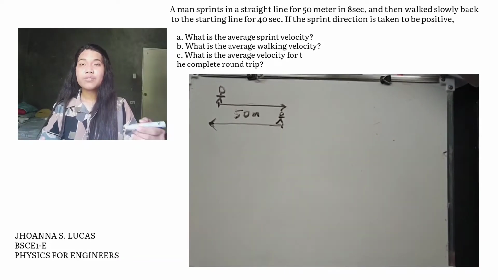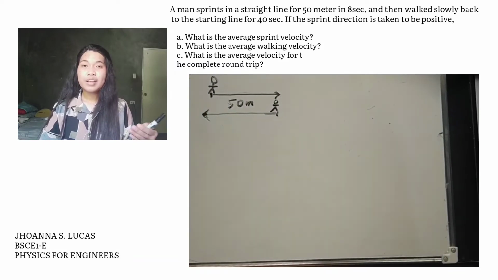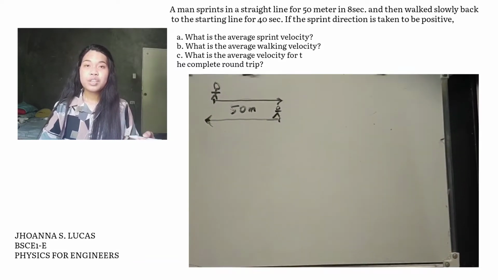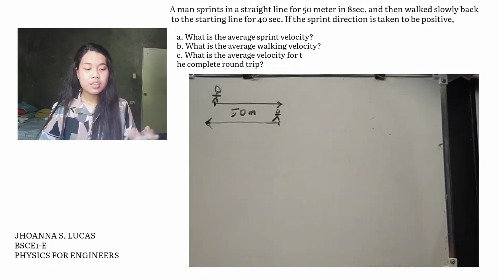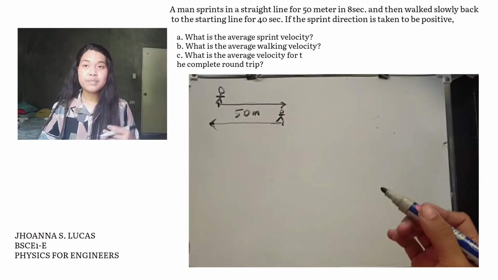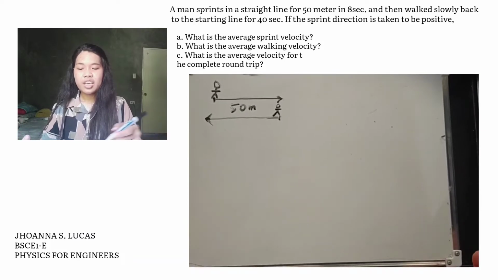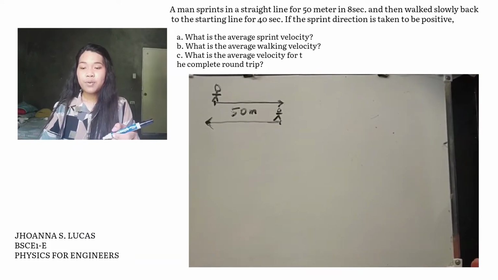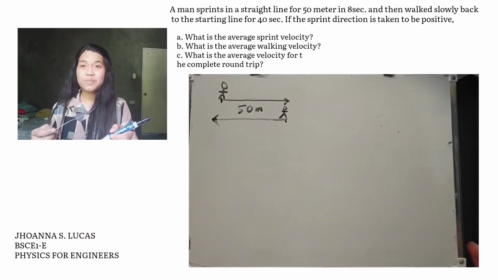Now that we're done with that, we will answer the questions. First question: what is the average sprint velocity? In finding the average sprint velocity, we will use the formula made for finding average velocity.